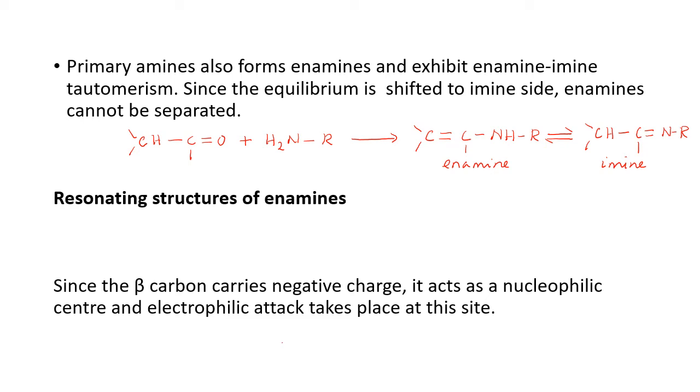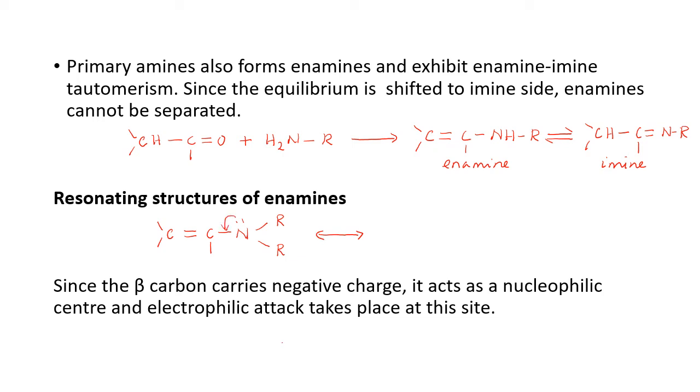And now let us see the resonating structures of enamines. If you represent the general structure of an enamine, the condensation product between a secondary amine and a carbonyl compound having alpha hydrogen, this enamine is a resonance hybrid of these two contributing structures.